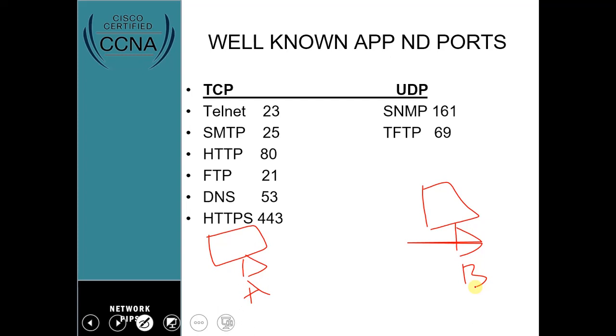Computer A will have to perform what they call a three-way handshake before it starts sending this data across the network to computer B. So you first of all send out a message known as a SYN message.